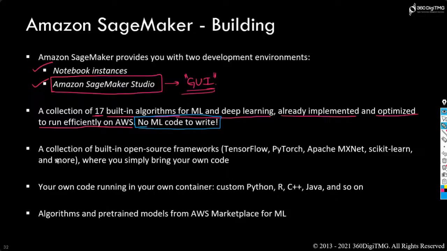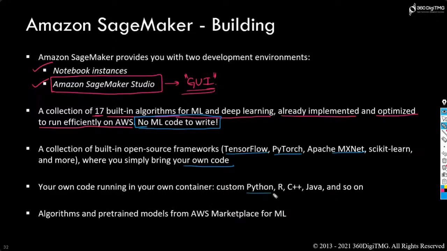Another thing is, it has a collection of built-in open source frameworks, which are usually used for deep learning purposes, like TensorFlow, PyTorch, MXNet, scikit-learn, and so on. So you just simply bring in your code and execute it. If you are programming focused, you can run your own code in your own container.